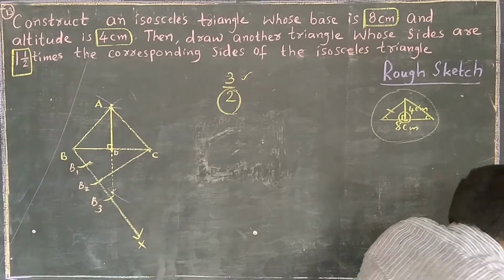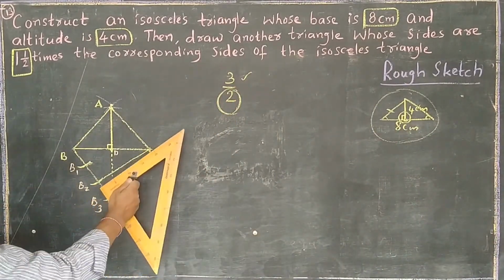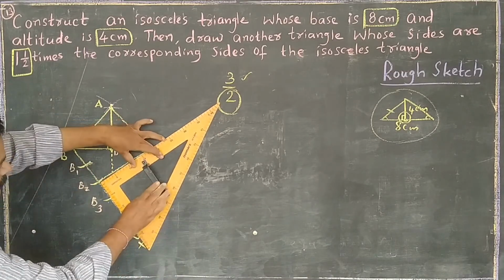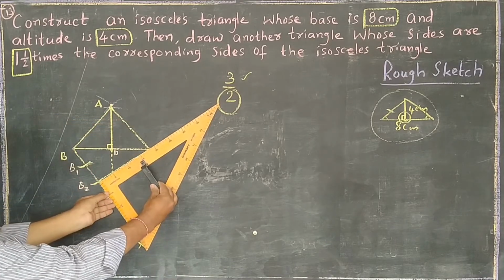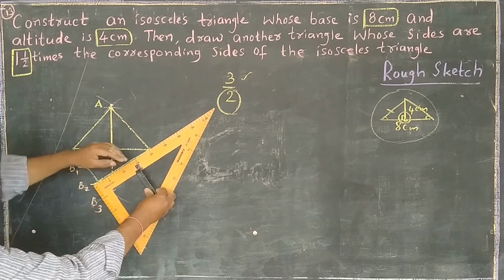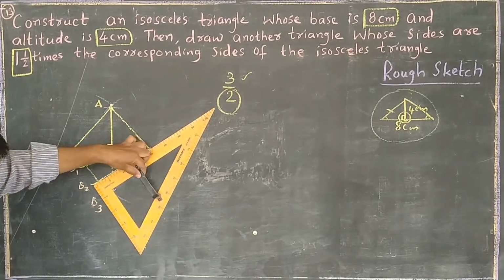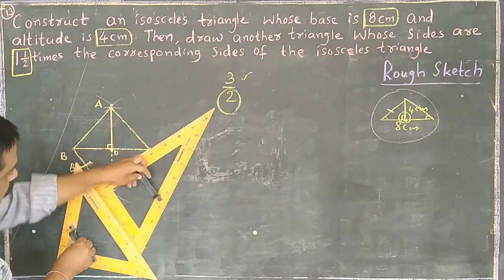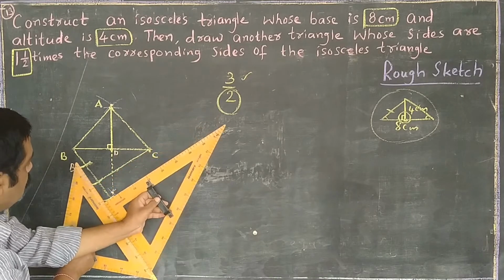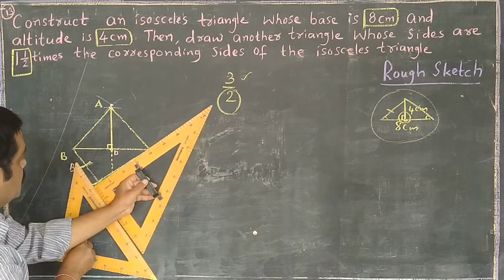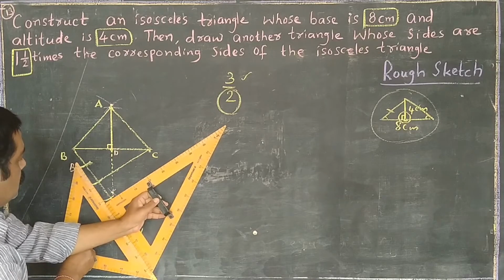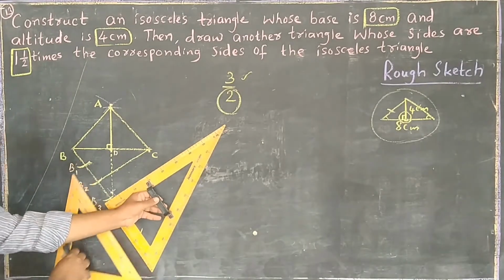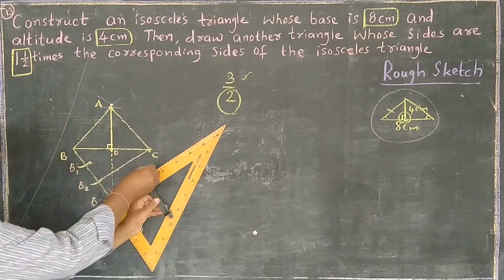Take the help of set squares and keep it like this, then move it up to B3 and draw the line.